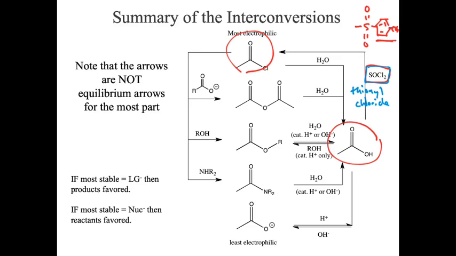What did we use it for back in Unit 1? It was a substitution, to convert our OHs into better leaving groups, into the chlorides. It was talked about primarily in the context of alcohols into alkyl halides, because we wanted to get rid of that alcohol reactivity, because the alcohol could do anything.